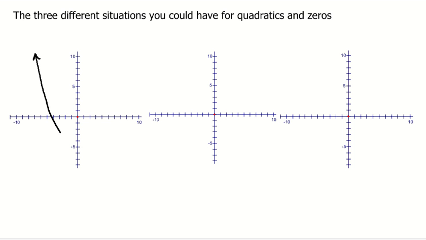From maybe Algebra 1 or Algebra 2, the graph of a degree 2 polynomial is a parabola. So we could have two real zeros. You could also have one that was upside down and went through the x-axis twice. You could have just one real zero.